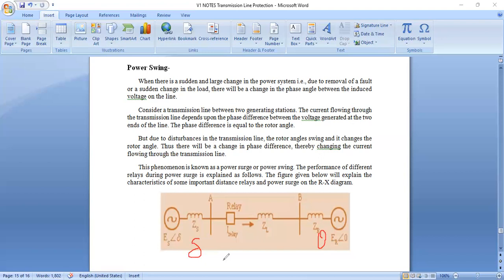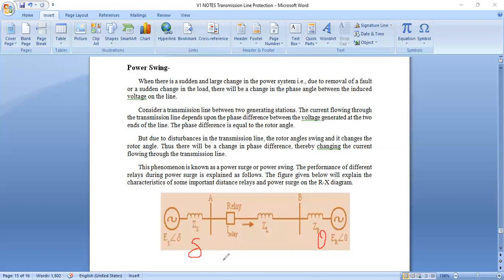Now, when the line is disconnected from the supply due to some fault, a transient stability problem may be a concern in the system, because the angles delta and theta will oscillate for some time until they stabilize at a new point.